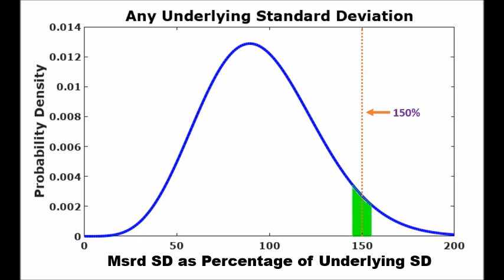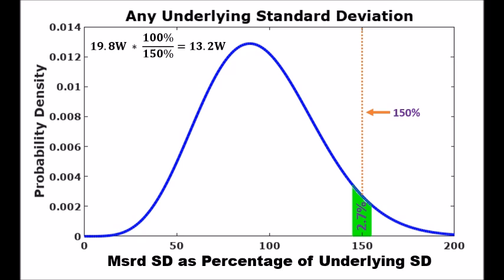Our probability of being in this range happens to be 2.7%. So, if we're in this range, then the underlying standard deviation is 100% divided by 150%, or 2/3 the value of our measured standard deviation. In other words, 2/3 times our measured standard deviation of 19.8 watts.